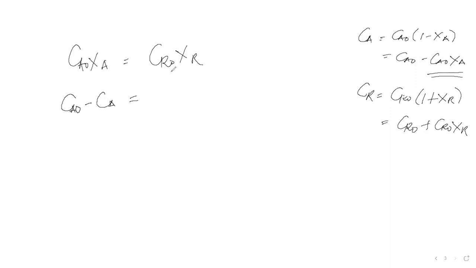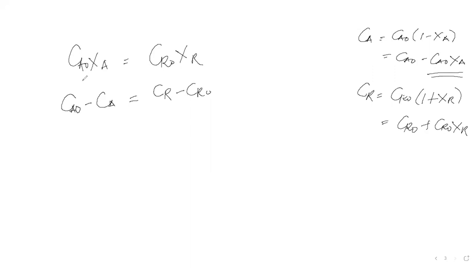Then you can get now this one. Your CRO XR is the concentration of R at any time minus the initial concentration. Okay, somebody is chatting. CRO plus, so it should be minus, okay? CR minus C sub RO.